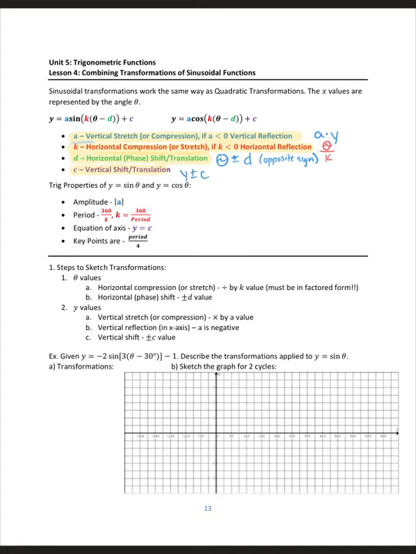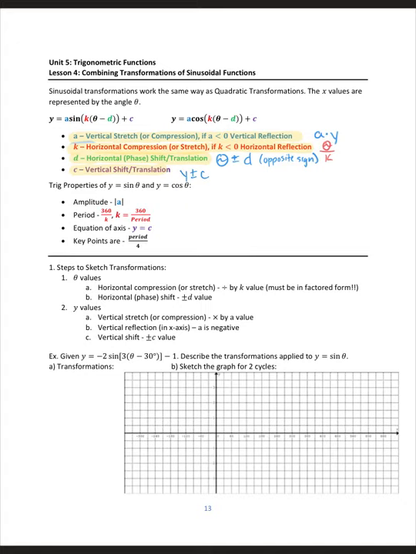So these transformations also tell us about some of the properties of the function. Our trig properties are represented by some of those variables. Our amplitude is our a, and remember that's the vertical distance from our axis up to our maximum or minimum.